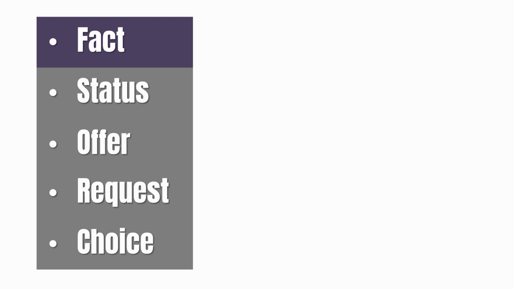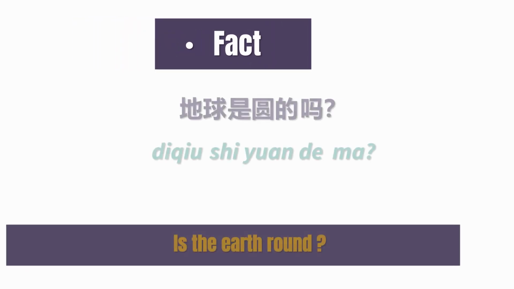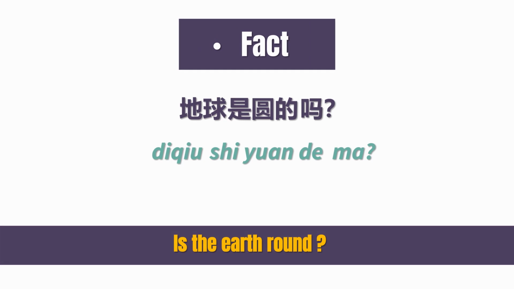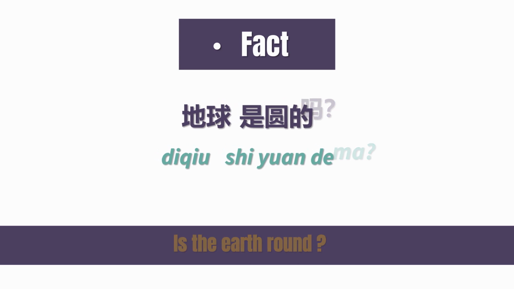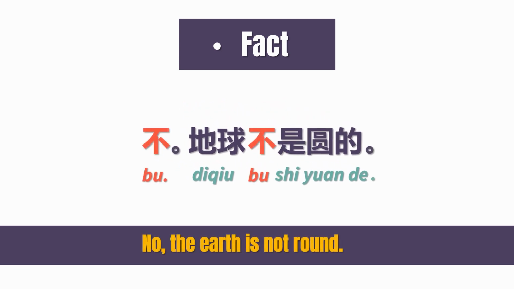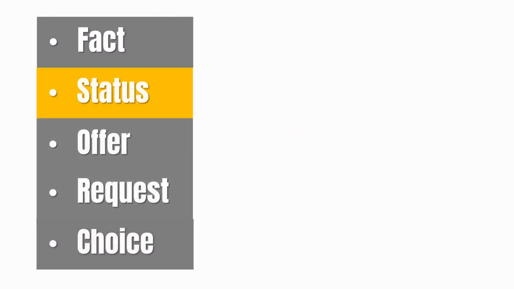questions about facts. Is the Earth round? 地球是圆的吗? And the no in Chinese is 不，地球不是圆的。The second category is questions about statuses.